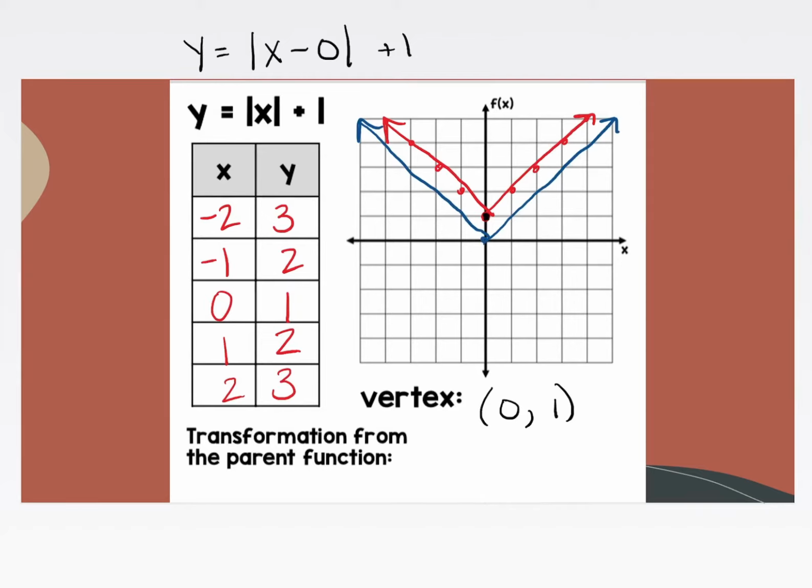Again, if we were to fold this in half, we would have an axis of symmetry at x equals 0. And from our blue function to our red function, this is shifted up 1 unit. So that's our transformation.